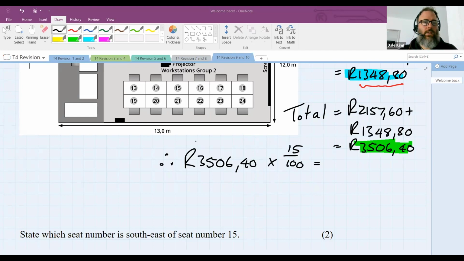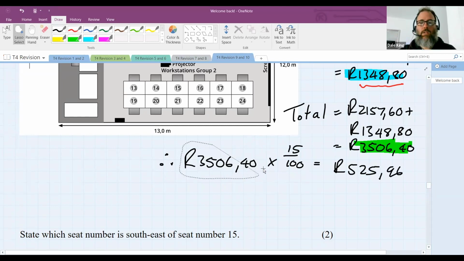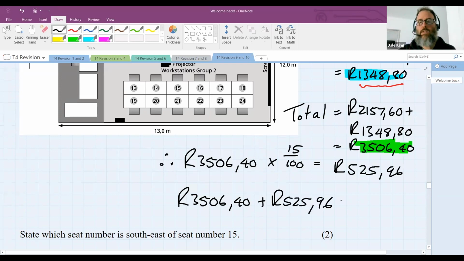That gives us the VAT that's going to be added on. The VAT portion only is 525.96. Then you add the 525.96 on to this value here, plus 525.96, and that should give you the same answer. There we go. So it gives you the same answer.